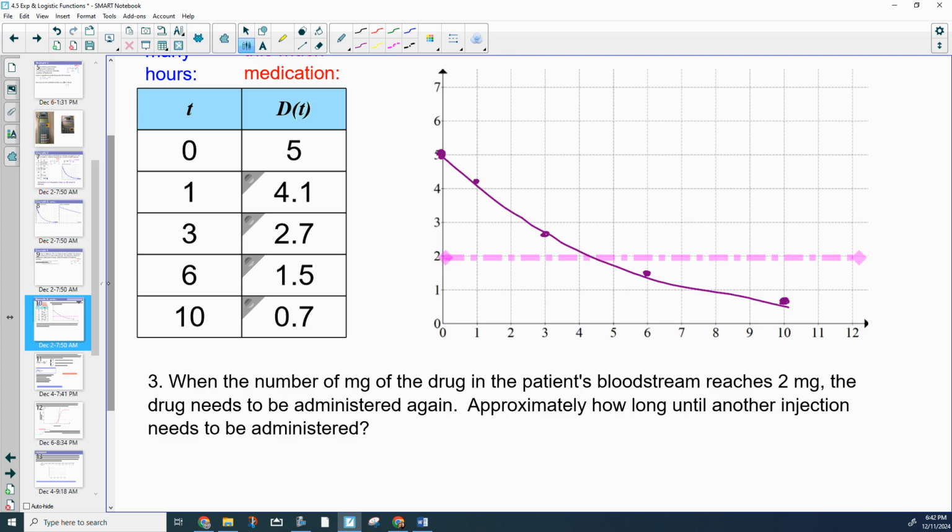Well, when does that 2 milligrams hit? Well, somewhere between 4 and 5. So about 4.5 hours, the patient is going to need more medicine.